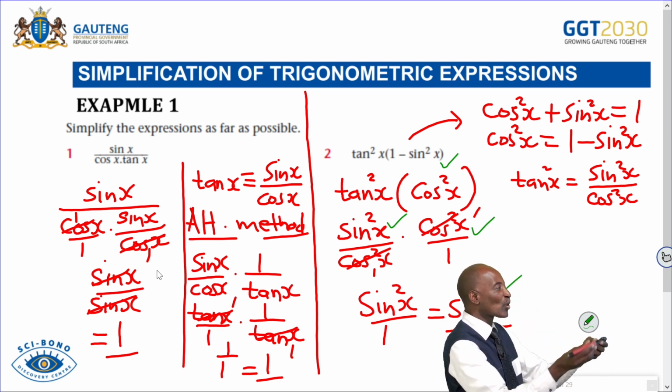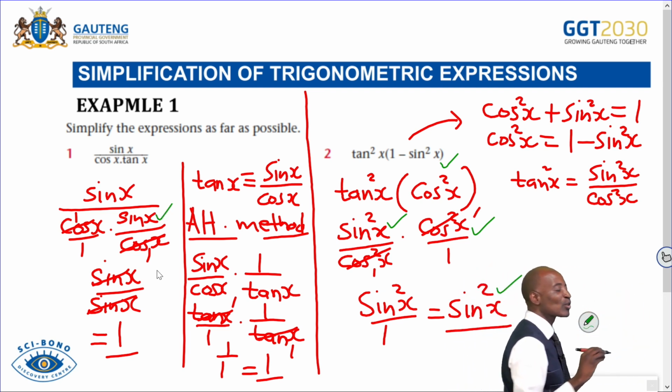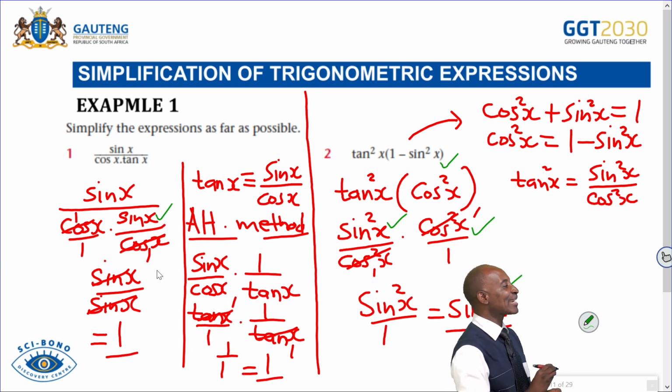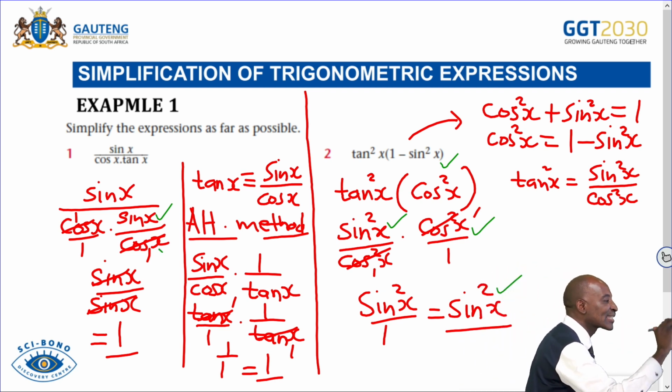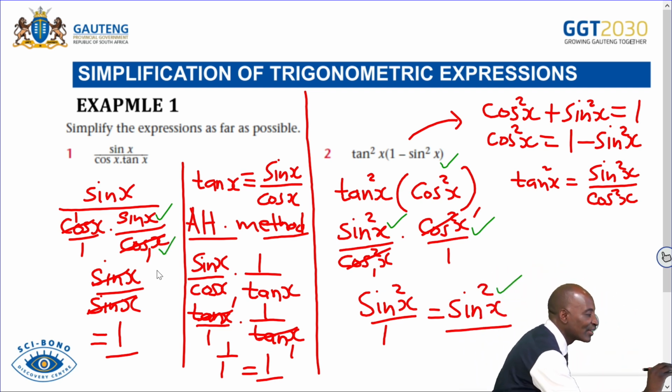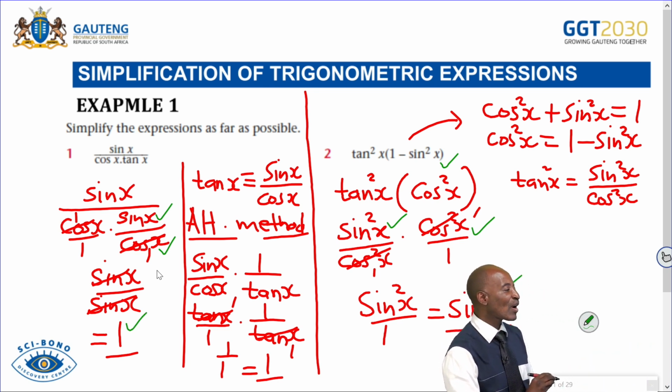On the other hand, those two different approaches, first mark you'll be given there, just realizing that sine x divided by cos x is tan x. Then simplification, and then your final answer. This one can carry a maximum of 3.